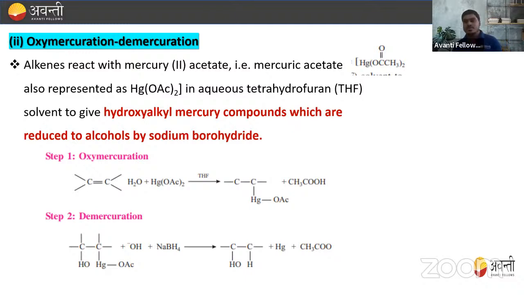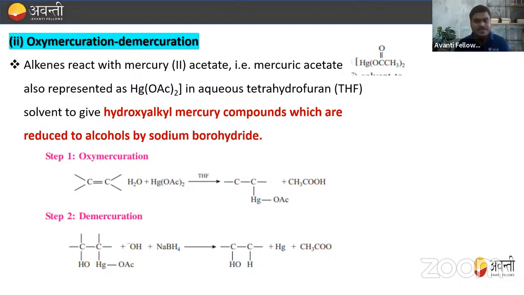So this is the solvent we use in this reaction, that is THF, also known as the tetrahydrofuran solvent, to give the hydroxy mercury compound which is reduced to alcohol by the sodium borohydride. Right. So this is a two-step reaction. In the first step, oxymercuration takes place, and in the second step, the hydroxy mercury compound is reduced to alcohol by the sodium borohydride.